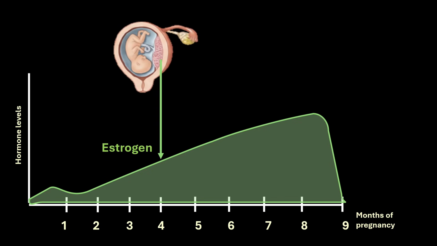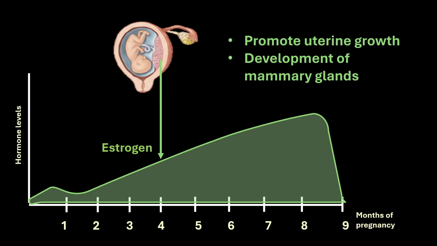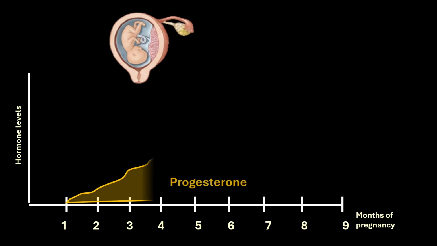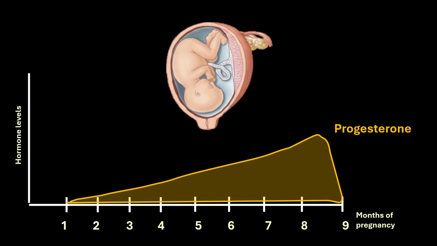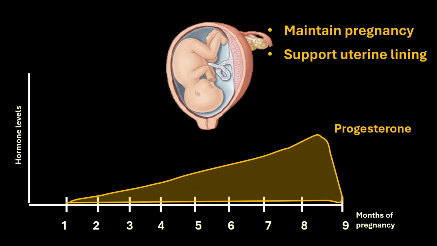This estrogen enters mother's blood and promotes uterine growth and development of mammary glands, preparing the mother's body for childbirth and lactation. After 4 months, placenta also begins to secrete progesterone. At the same time, the corpus luteum degenerates. Progesterone plays a crucial role in maintaining the pregnancy by supporting the uterine lining.